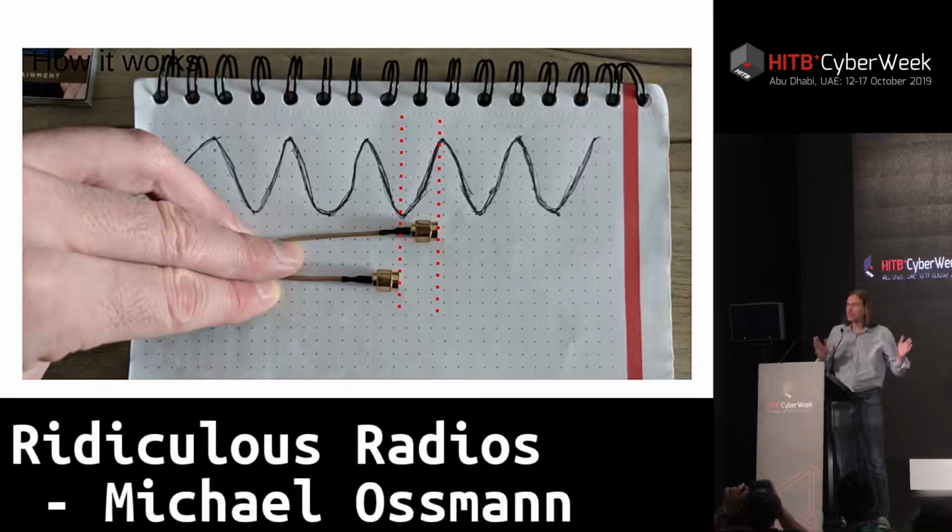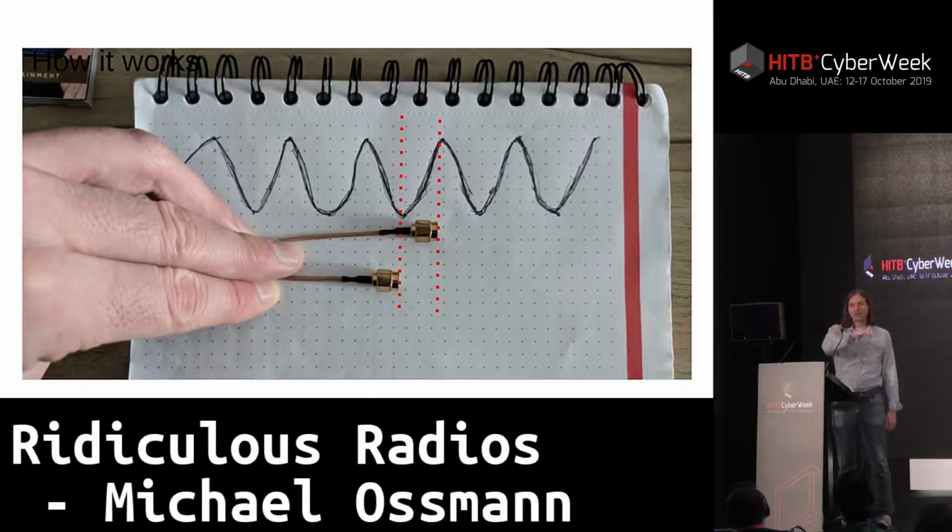Because the speed of light is this cosmic speed limit that we can't exceed. It doesn't happen instantaneously, but it does happen very fast, that an electrical signal goes from one end of a cable to another.